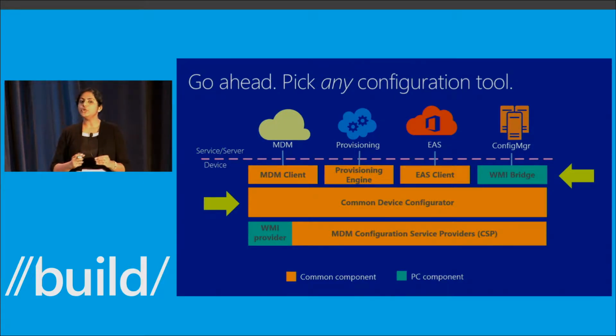And all of the new MDM features that we are adding are added through configuration service providers that you see at the bottom. What we did was we added a layer called the WMI bridge to our MDM stack so that we could bridge the configuration service providers through WMI, and we're working very closely with the System Center Configuration Manager team so that they can leverage and configure all of the settings that we're adding to MDM through System Center Configuration Manager also.